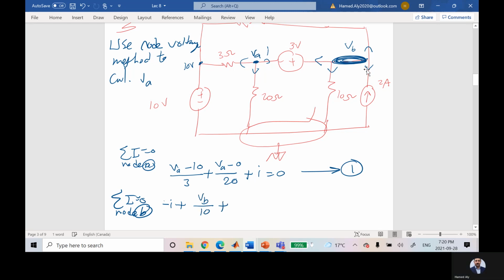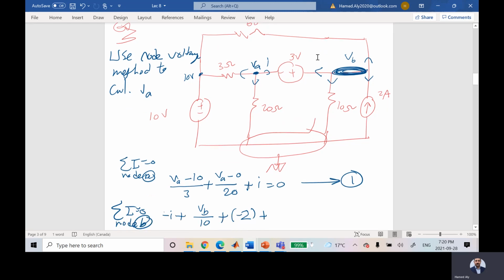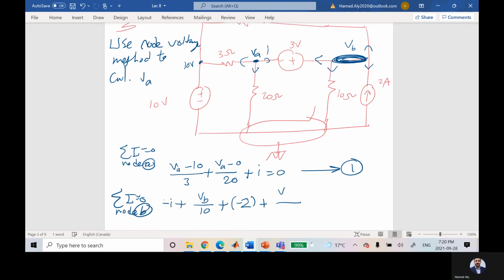Plus this current is negative 2. Plus this current is VB minus 10 over 6, so VB minus 10 over 6 equals 0. This is equation number 2.